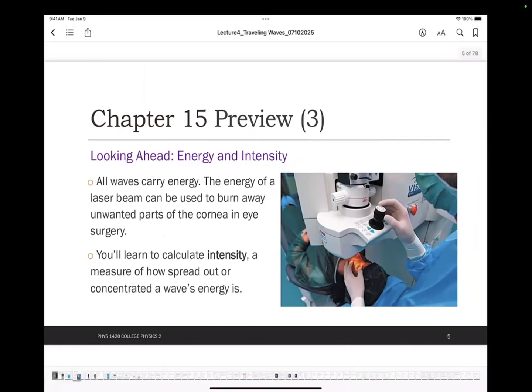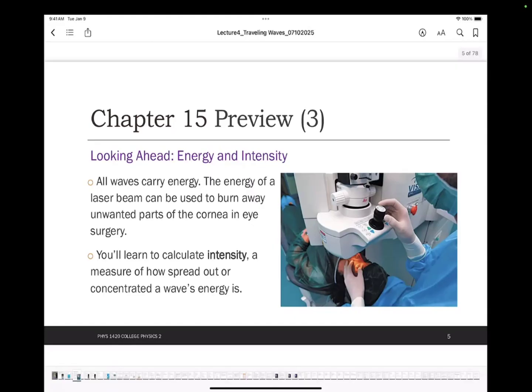This laser beam is a light wave, and it can burn away unwanted parts. In this chapter you will learn how to calculate the energy and the intensity, a measure of how spread out or concentrated a wave's energy is.